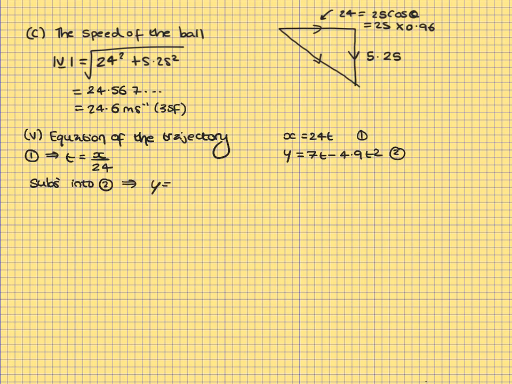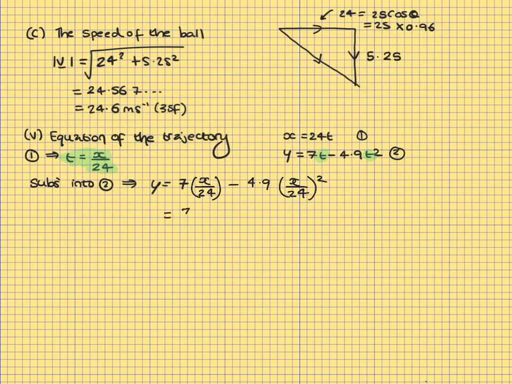So we have y equals 7, and in place of t, we will substitute in x over 24. So y equals 7 lots of x over 24 minus 4.9 multiplied by x over 24 squared. Now this is a show that question, so we have to show that our answer can be expressed in the same form as that given. So let's simplify this a little bit further.